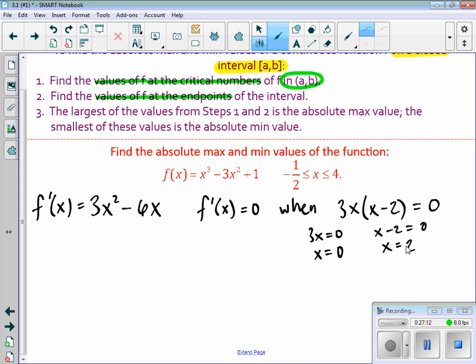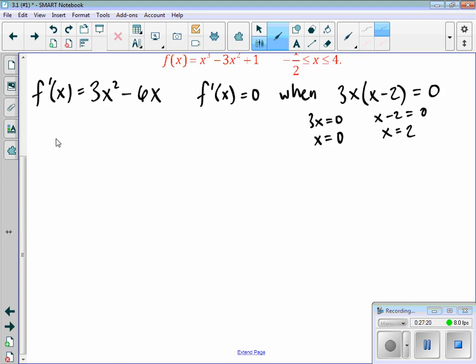That's not the goal of this problem. The goal of this problem is to find the values of the function at those spots. Usually when they're grading this, they're checking for these pieces. You're trying to find the f value at 0, and you're going to find the f value at 2. Now, something I haven't even looked at yet is, do these fall within the interval that we're working with?